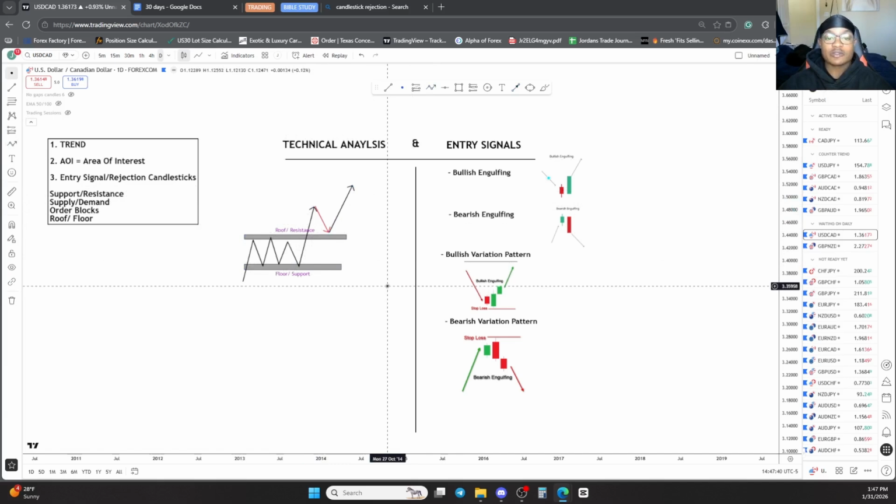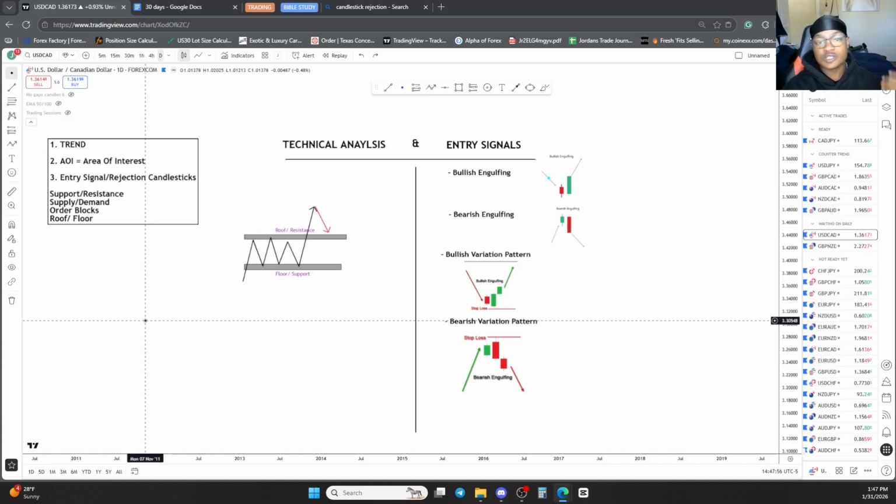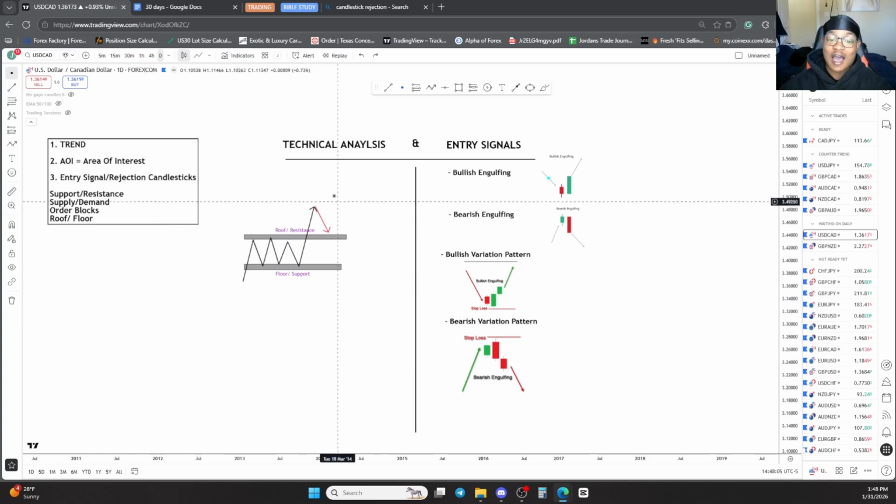But before we even look for that continuation to happen, let's slow down. Why do we wait for the pullback? Think about it like this. Say you're going to buy a new pair of shoes. The new pair of shoes just came out, and they're the hottest on the block. Everybody's talking about them. When they came out, it's at the highest point in the market, meaning it's the highest price in the market because it's so popular.